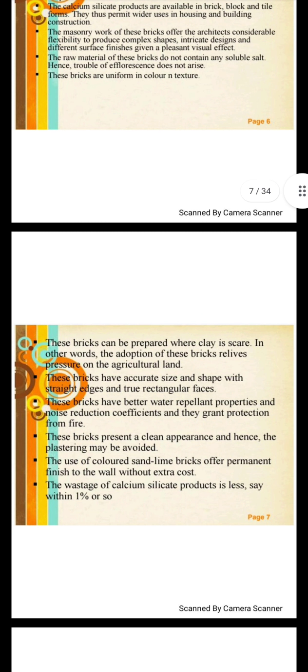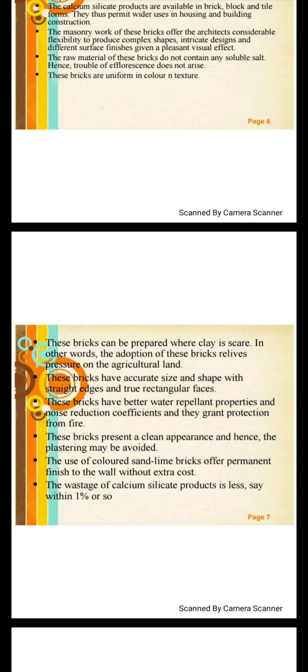Following are also the advantages of brick. This brick can be prepared where clay is scarce. In other words, the adoption of this brick relieves pressure on agricultural land. These bricks have accurate size and shape with straight edges and true rectangular faces. These bricks have better water repellent properties and noise reduction coefficient, and they grant protection from fire.